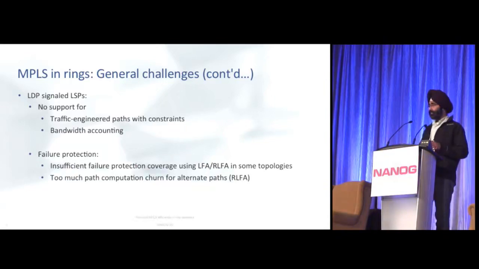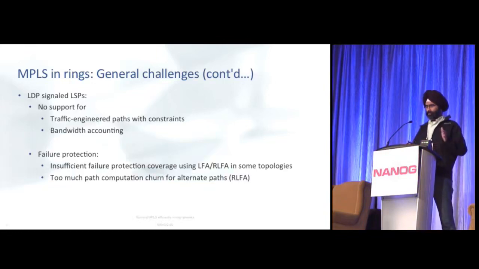However, LFA and RLFA do not give complete protection against all failures in many topologies, ring being one of those. And even to compute the protection paths using RLFA, there's a reasonable amount of churn, which by design itself can lead to microloops.